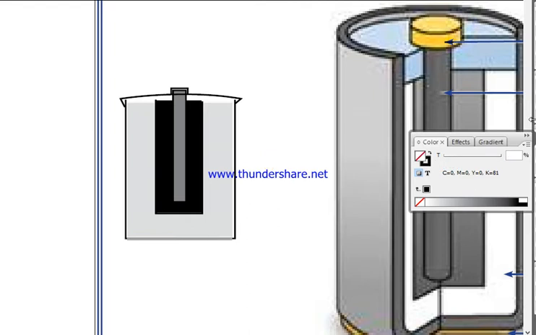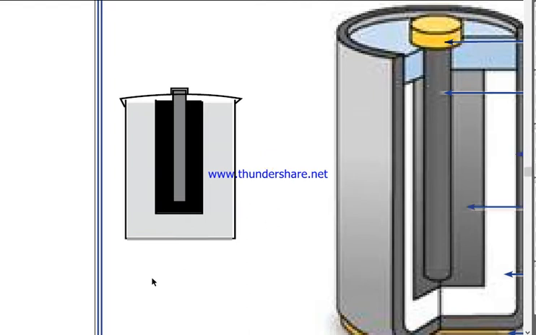For that purpose, the bottom of the zinc container is covered with a metal plate, and the rest of the zinc container is covered with plastic coating to make it insulated.